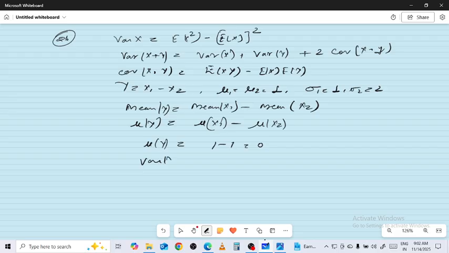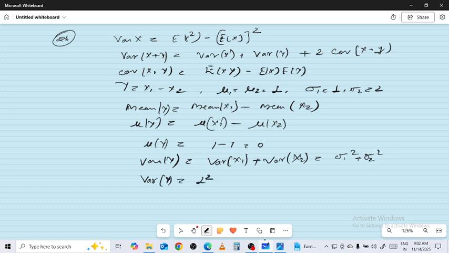So the variance of y is equal to variance of x1 plus variance of x2, with sigma 1 and 2 squared. So the variance of y is equal to 1 square plus 2 square, which is 5.